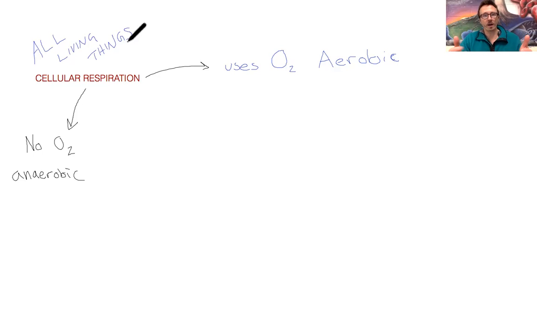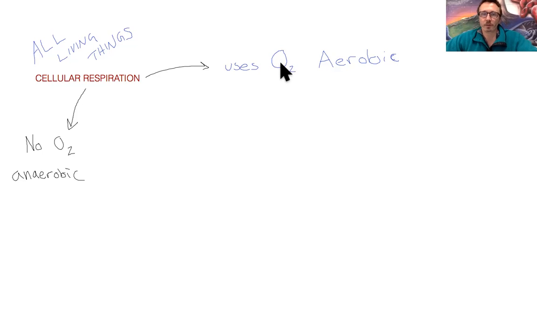That monosaccharide carbohydrate. Cellular respiration allows us to break glucose down for energy. That's why we need food, right? We need to eat carbohydrates, we need to eat lipids so that our bodies have energy. And I know that we chew it up and we have saliva, we have enzymes, and that breaks it all down. But once we break it down into glucose and it's floating around in our bloodstream, what do our cells do with it? How do they get the energy out of the sugar? That's cellular respiration. And most of our cells are going to use aerobic respiration.